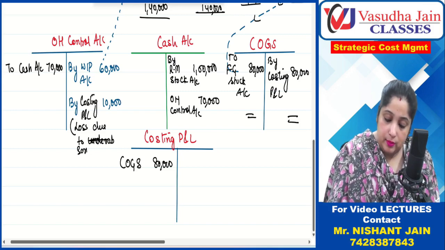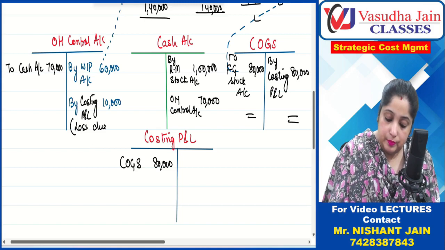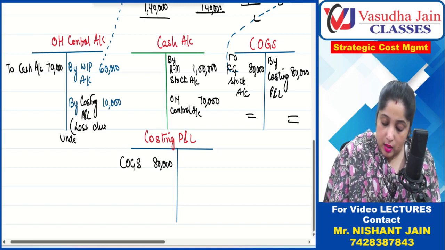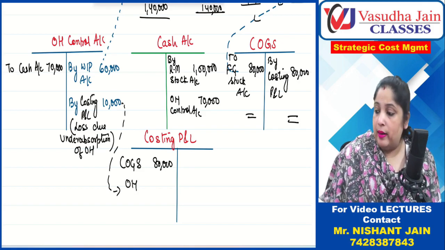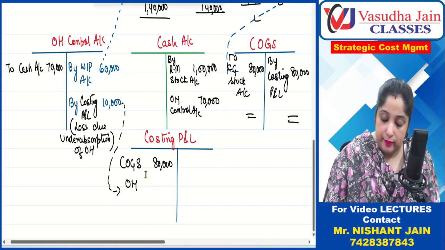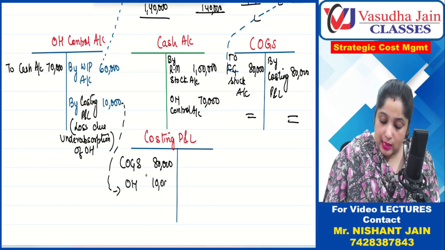Let me write it properly: under absorption. So it will come from here to here. See, here it is credit, so the other account is being debited, right? 10,000.